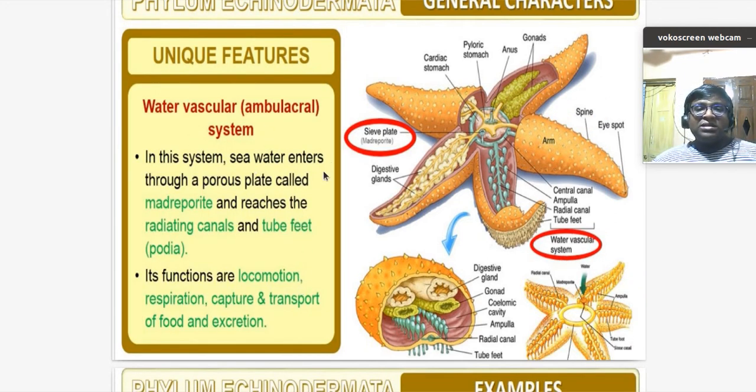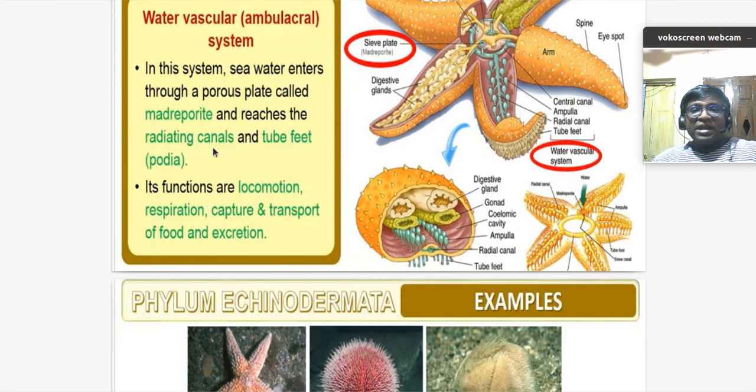In the water vascular system, as I told you, the seawater enters through a porous plate, which is called the madreporite or sieve plate, and it reaches the radiating canals. The water from this madreporite reaches the radiating canals and exits through the tube feet or podia.